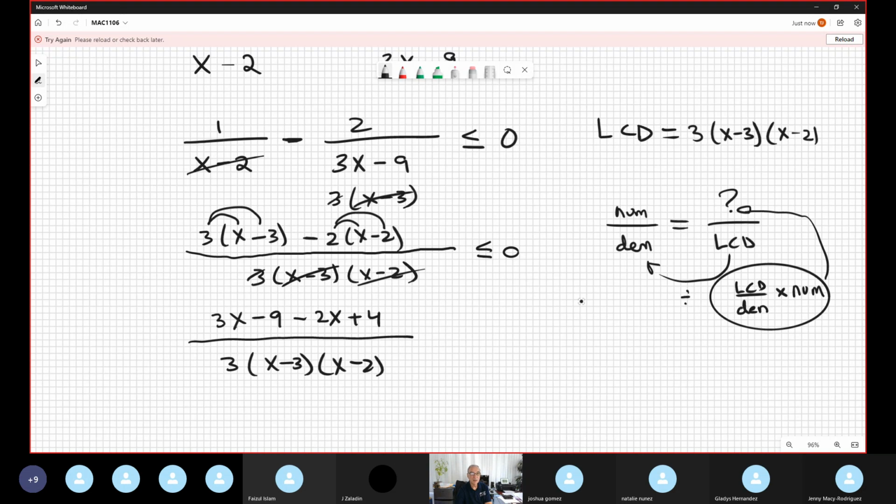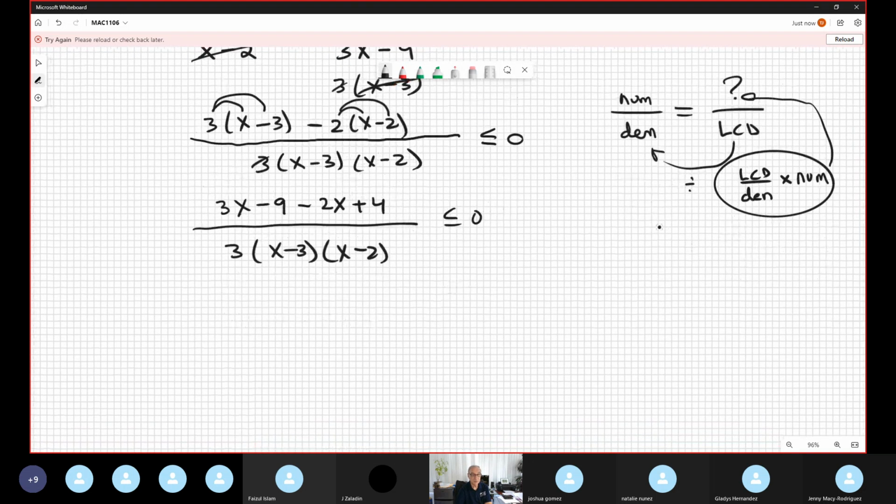Remember, this line indicates a division, so it stays. Now you combine like terms: 3x minus 2x is 1x. Nice, I like it. And negative 9 and positive 4 is negative 5, over 3 times x minus 3 times x minus 2, less than or equal to 0.